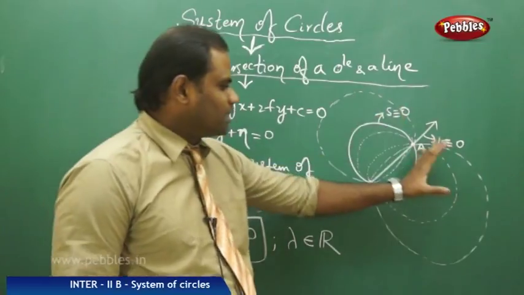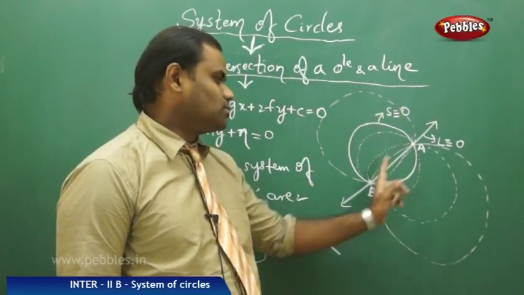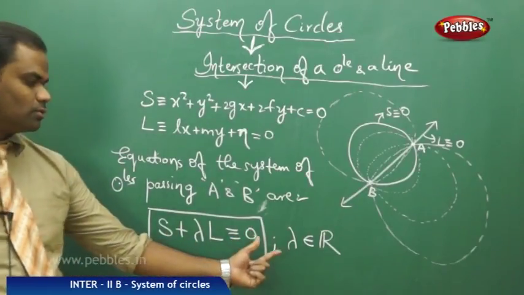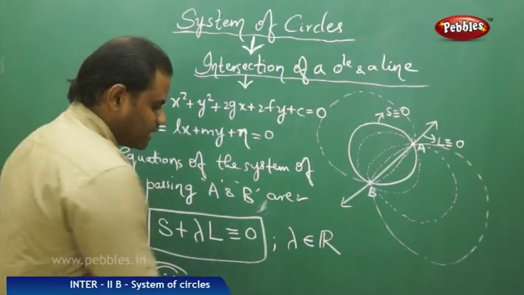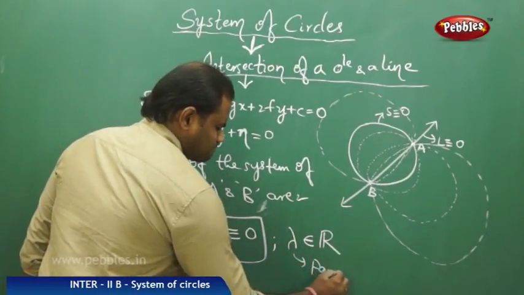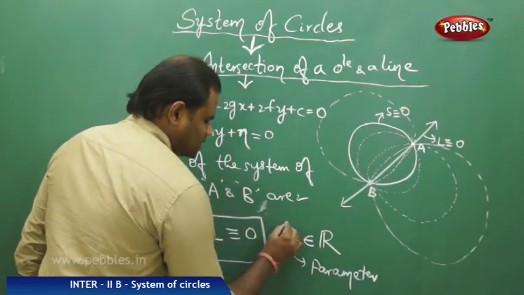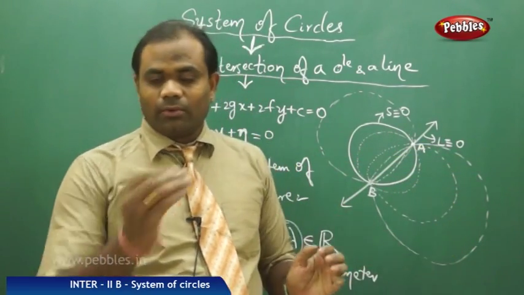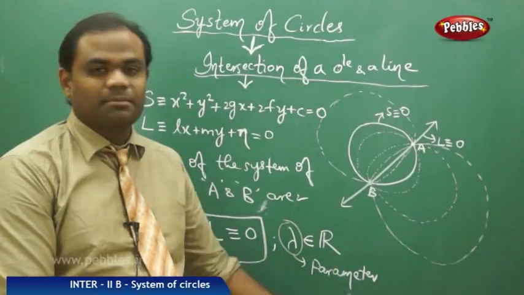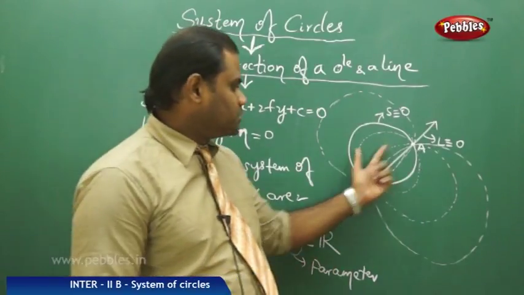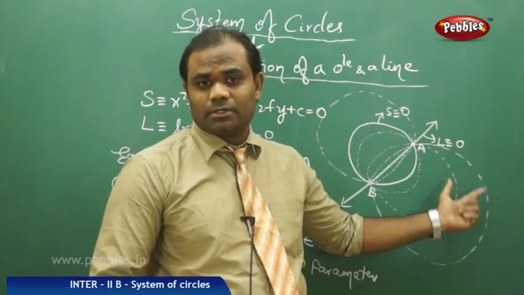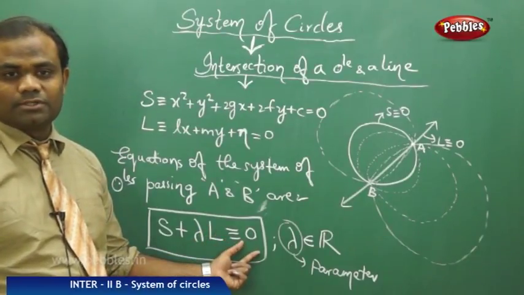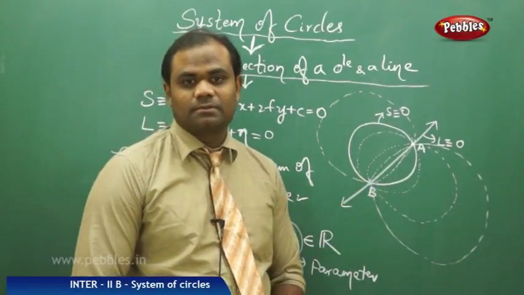So system of infinitely many circles which can be formed passing through A and B is given by S plus lambda L equal to 0, where lambda is a real number and this lambda is called the parameter, because this value of lambda decides what is the position of the circle which is drawn through A and B. So lambda acts as the parameter which measures the circle which is drawn through A and B. Is how we understand the system of circles S plus lambda L equal to 0, which is the equation of systems.